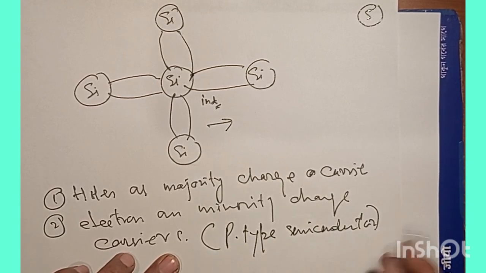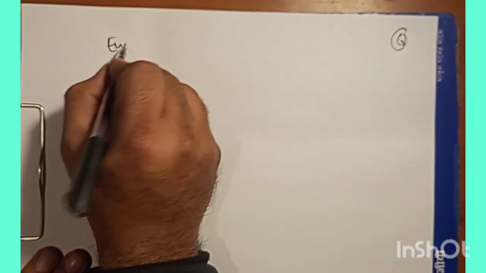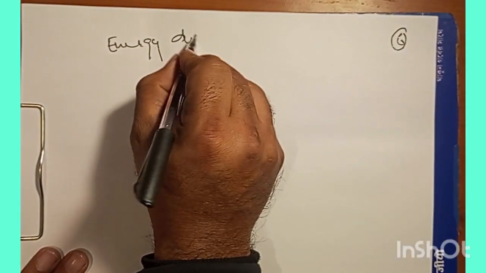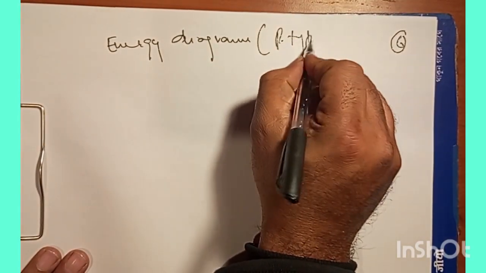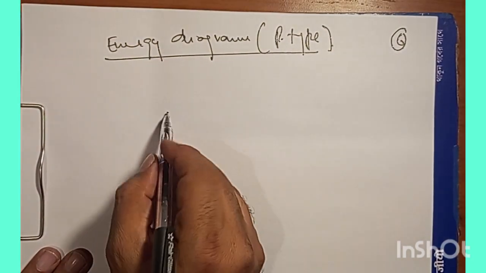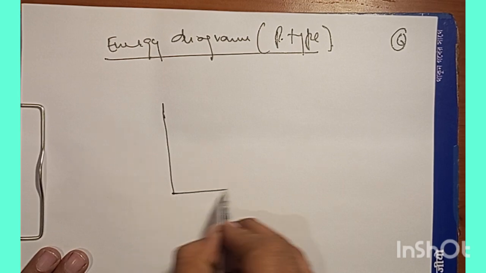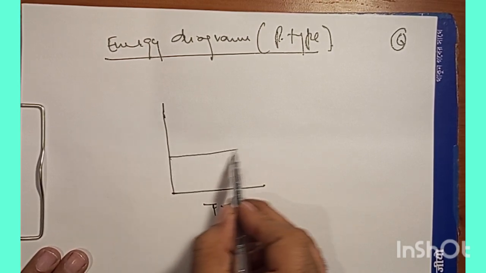This is called p-type semiconductor. Now, moving on, if we think of an energy diagram for this p-type semiconductor, so let's go with what we are showing here, for the system at greater than zero Kelvin.